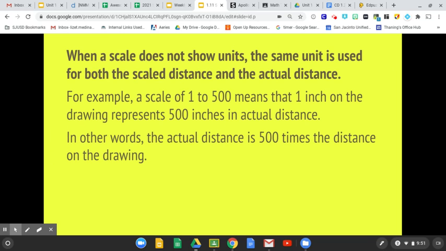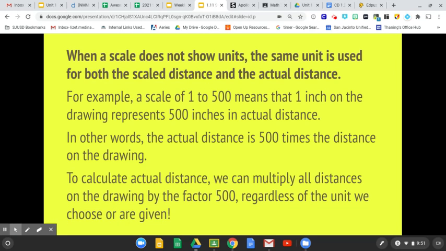In other words, the actual distance is 500 times the distance on the drawing. To calculate actual distances, we multiply all distances on the drawing by the factor 500, regardless of the unit we choose or are given. So you always multiply it by 500 if that's the scale 1 to 500, and then you have to include the same units for both.